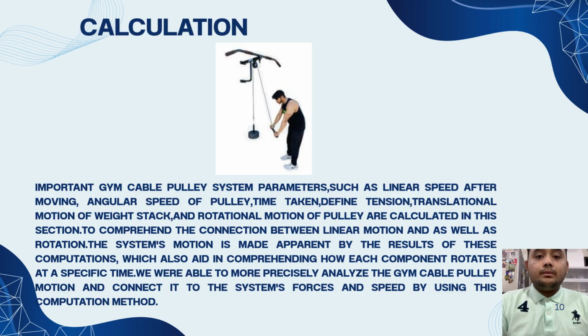The result of this computation makes the connection between linear motion and rotation apparent, and also aids in comprehending how each rotates at a specific time. We were able to more precisely analyze the gym cable pulley motion and connect it to the system force and speed by using this computation method.